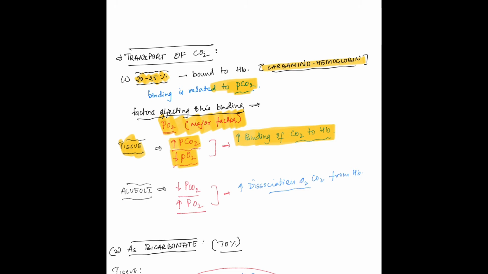And at the level of alveoli, PCO2 is low and PO2 is high, which results in increased dissociation of carbon dioxide from hemoglobin, which means that hemoglobin's affinity for carbon dioxide is decreased and there is unloading of carbon dioxide from the hemoglobin. This carbon dioxide then diffuses into the alveoli and is then expired out.